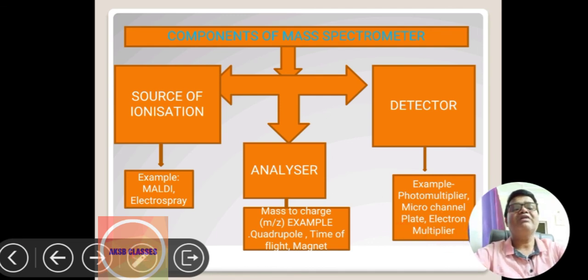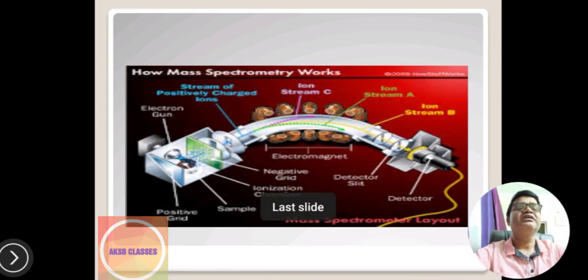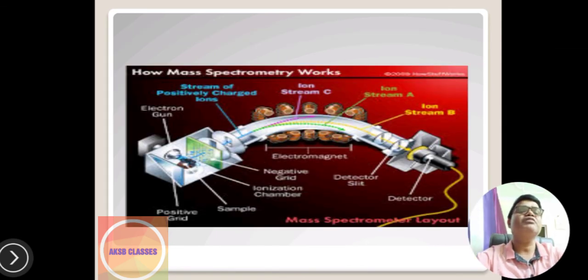Now I want to show you the complete structure of the mass spectrometer, where this is the functional part where there is detection and amplification of the signals, that is, the signals of the mass spectra.